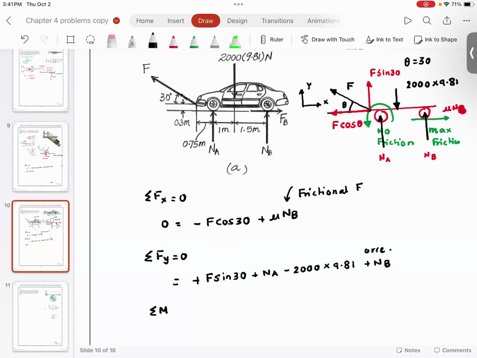You can take moments at point B, at point A, at point C, or at point D, because wherever you take the moment, conditions of static equilibrium will be satisfied. Summation of moment is going to be 0. Tell me, looking at the setup, where would you take the moment? Which would be the easiest? You can take moments at B.